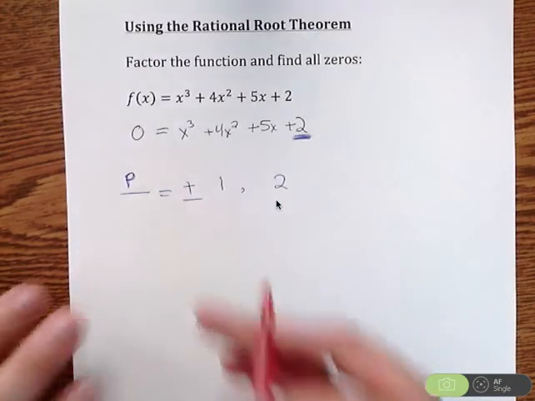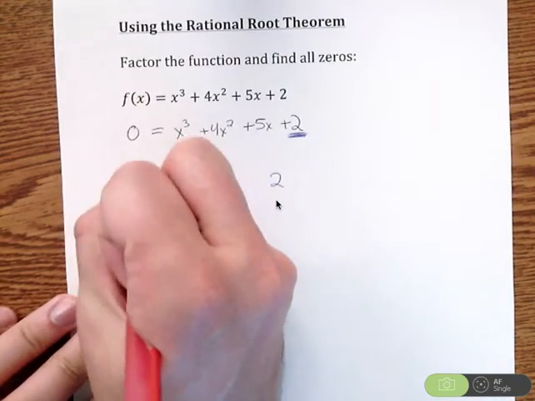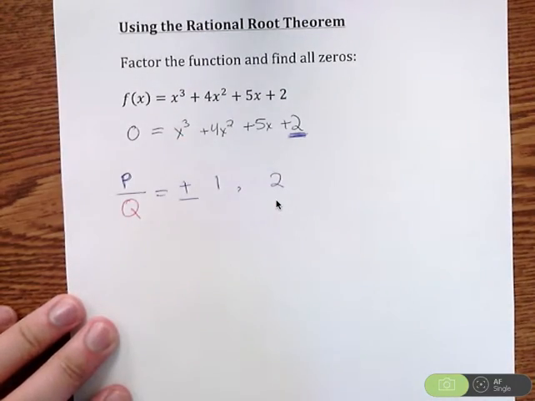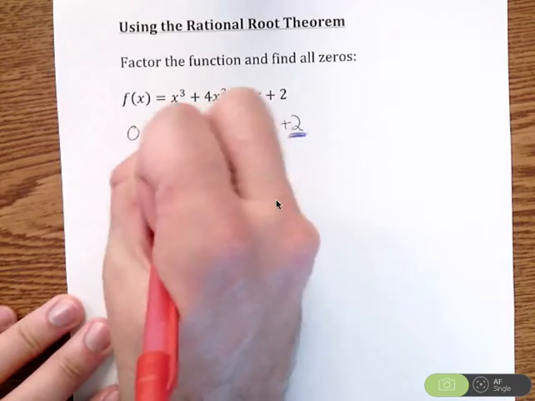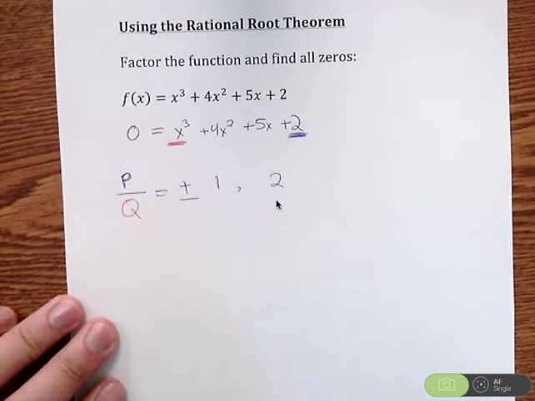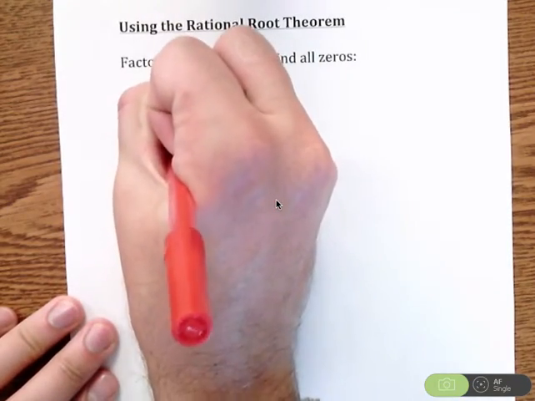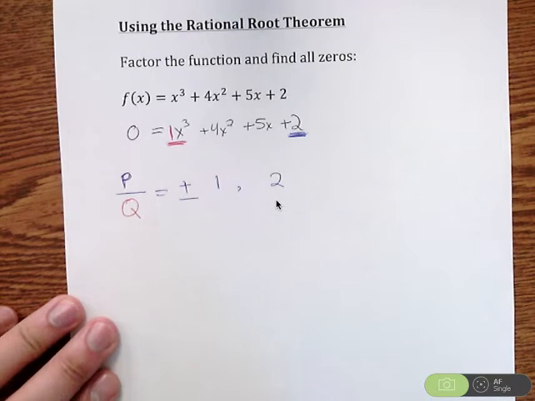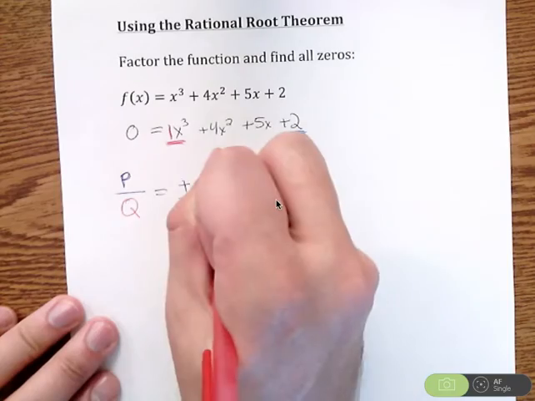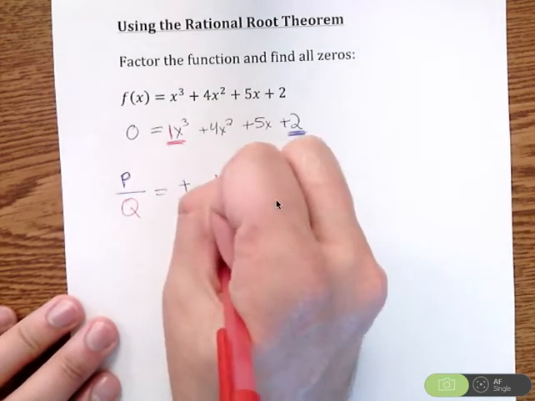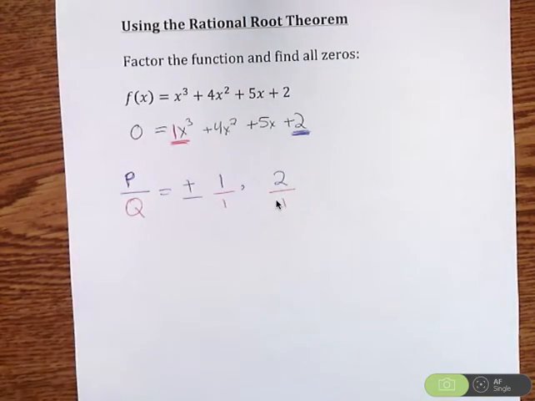Next thing we need is the denominators, which is our Q. Now Q comes from the leading coefficient of the entire polynomial. In this case, it's not written, but it is 1. So factors of 1 are just 1. So we're going to have P divided by Q, 1 over 1, 2 over 1.